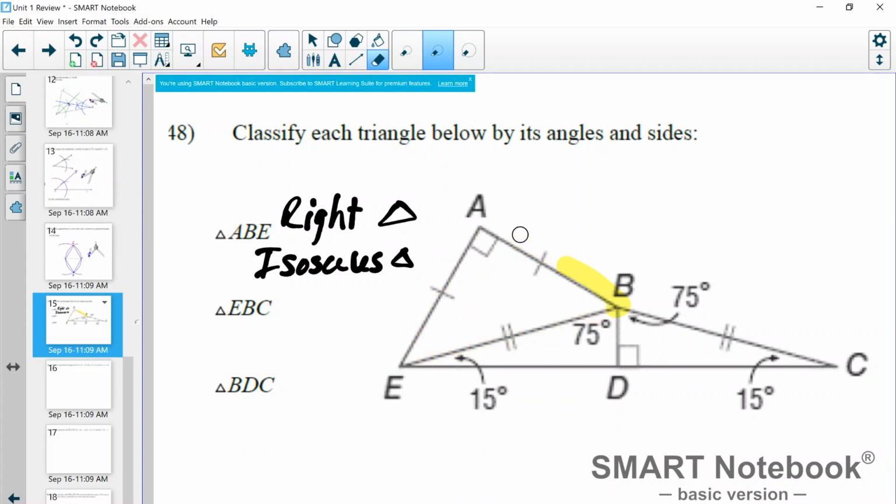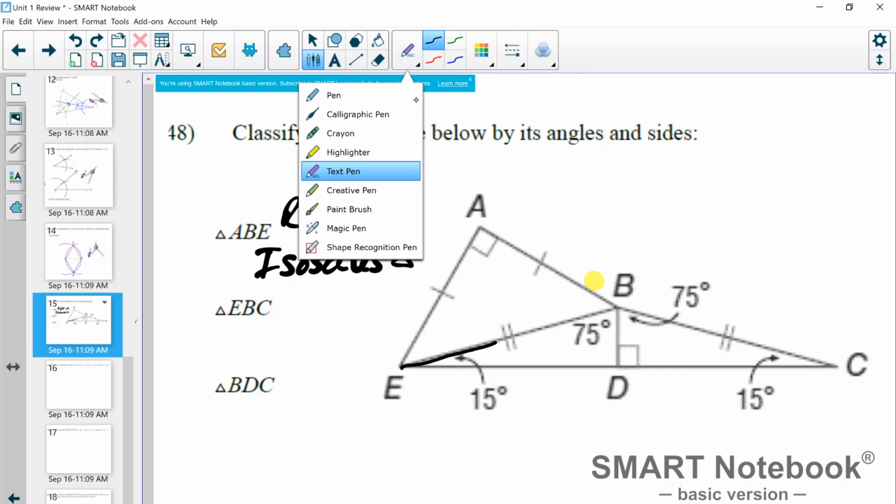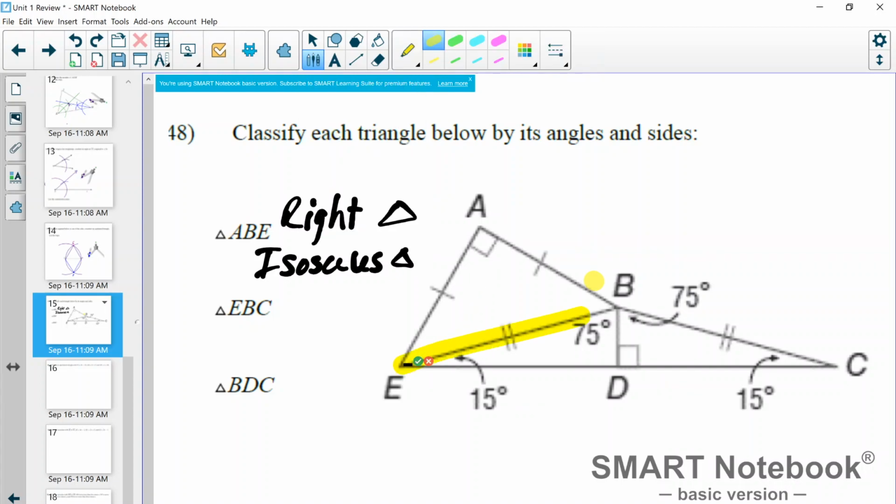Now we have to classify triangle EBC, again based on its sides and angles. So if I look at EBC, so E to B to C, the big one here, I see we have angle 75, 75, so that's 150.